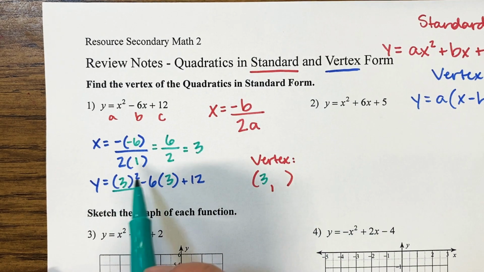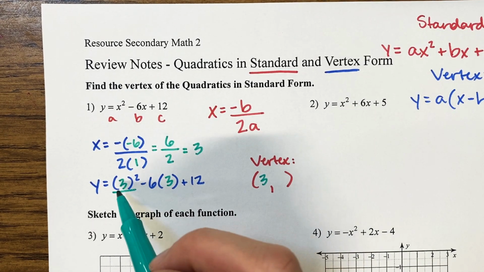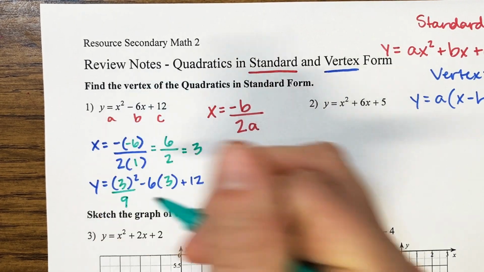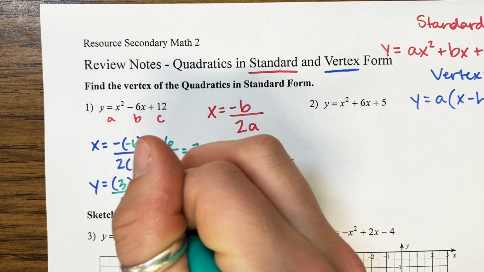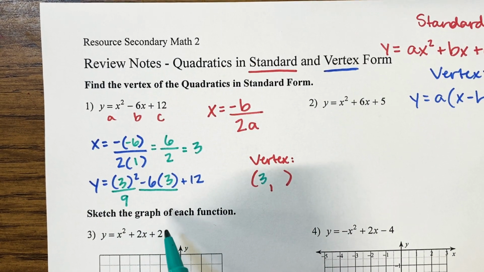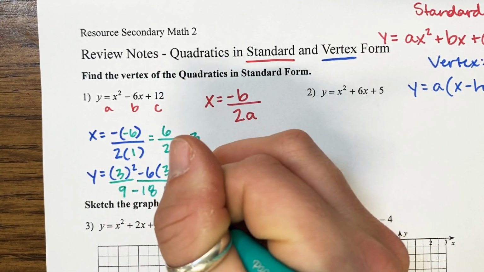First, we got to do our exponents, right? Order of operations, exponents come first. What is 3 squared, or 3 times 3? We get 9. Then we need to multiply before we can add or subtract. So what is negative 6 times 3? Negative 18, and plus 12.